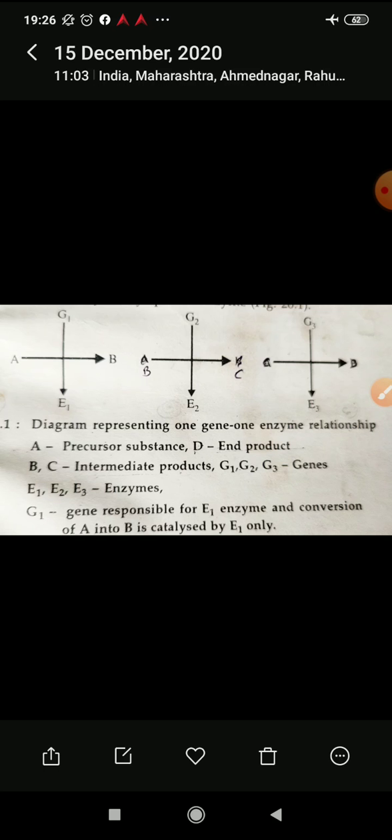The one gene, one enzyme hypothesis was proposed for the first time by Beadle and Tatum, B-E-A-D-L-E and T-A-T-U-M. In 1940, they put forth this concept. They suggested that genes direct the synthesis of enzymes in the cells.